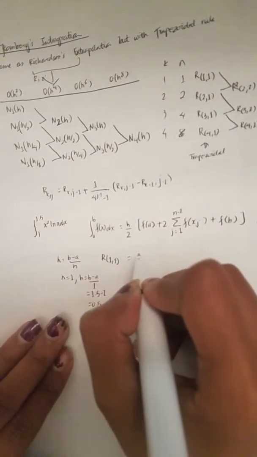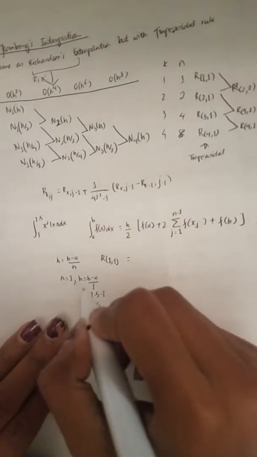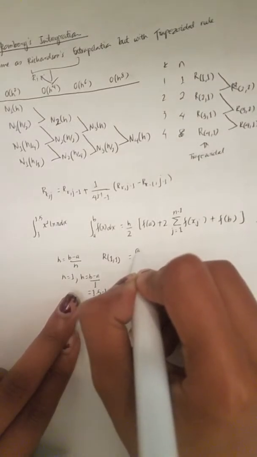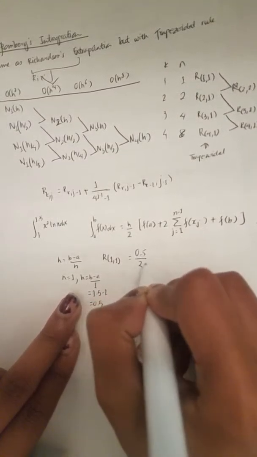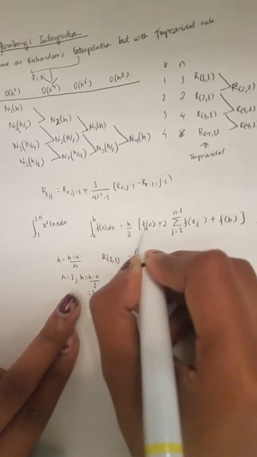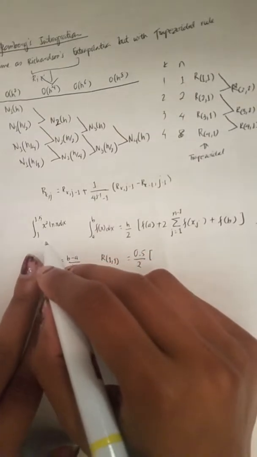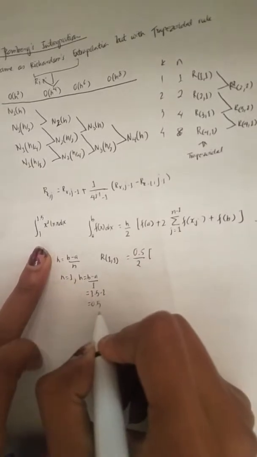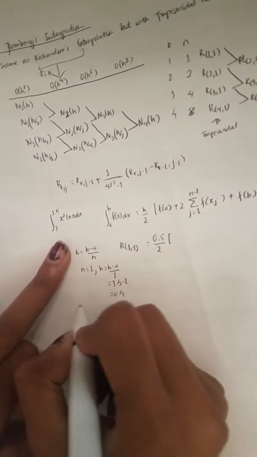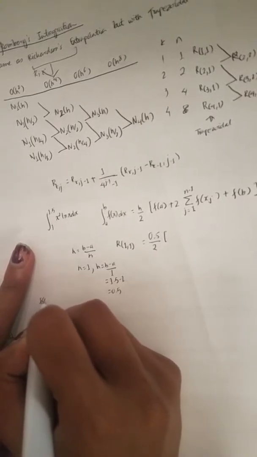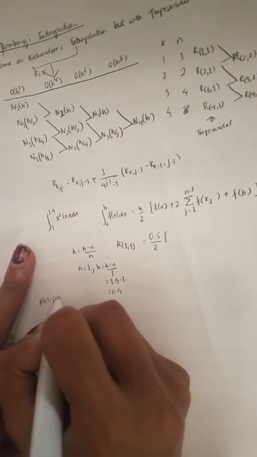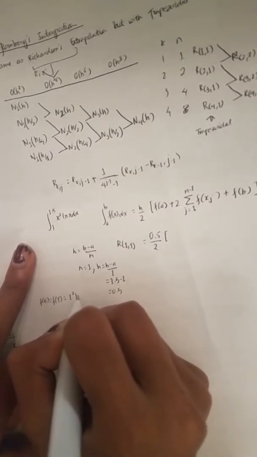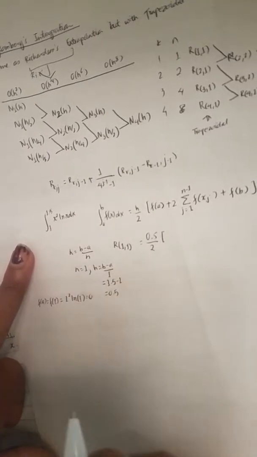So h is 0.5, so 0.5 over 2. f of a, which is f of 1, equals 1 squared ln 1, which equals 0.